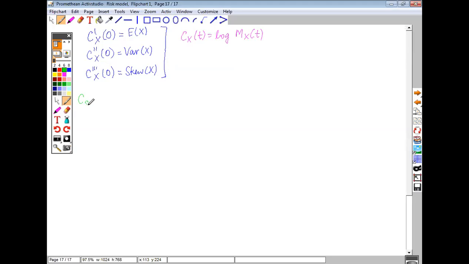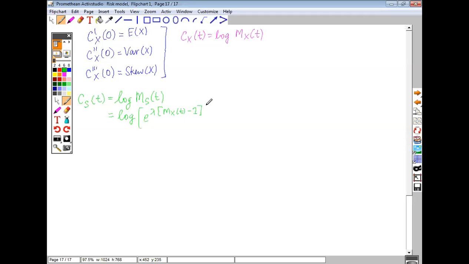We want C_S of t, and that will be, as you guys said, log of M_S(t). And I think we just derived the M_S(t), so let me rewrite it. It was e raised to lambda, and then e and log got cancelled out, and we were left with M_X(t) minus 1.